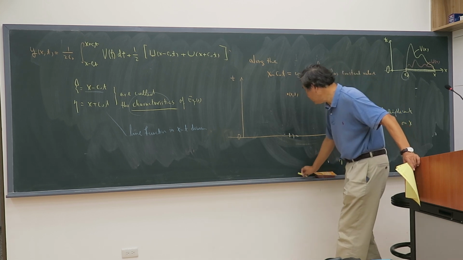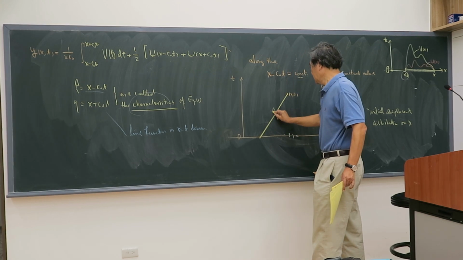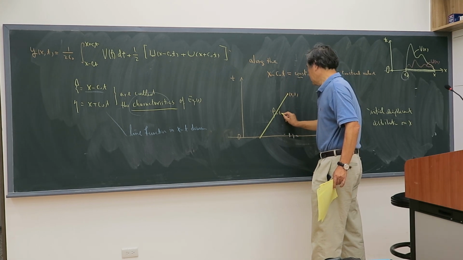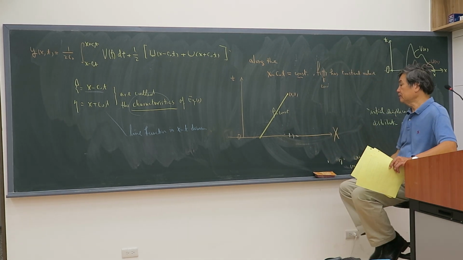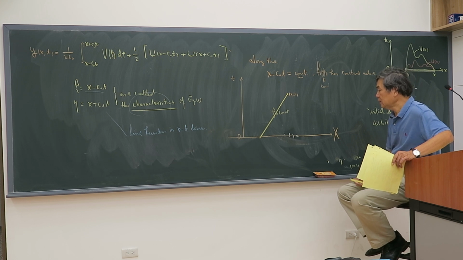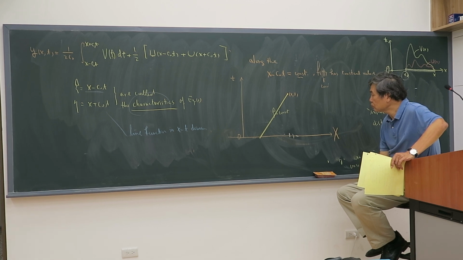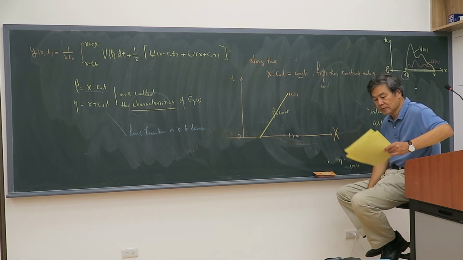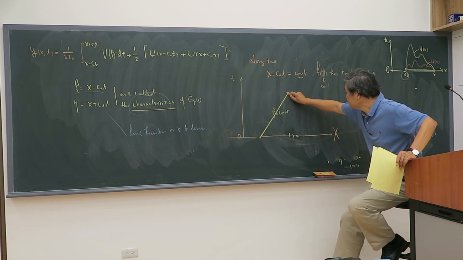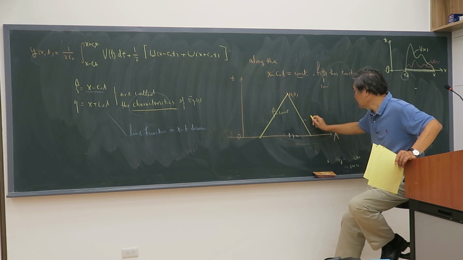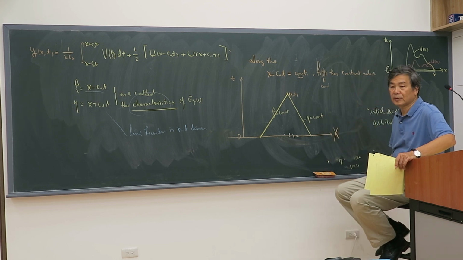So to go through, on this line, this is xi equal to a constant. For any point on this line, it has xi equal to a constant, right? And on this line, this is eta equal to a constant. Okay?